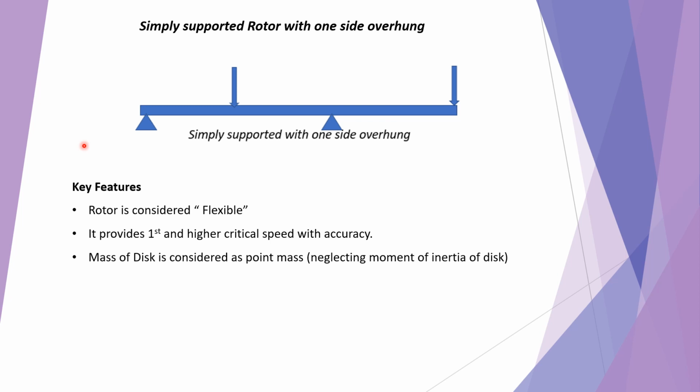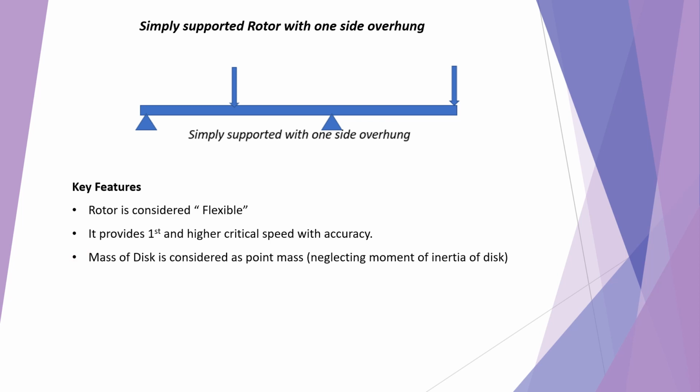These are some features or considerations: the rotor is considered flexible. That means bearings are considered rigidly supported, and two bearings are shown here, and one side is overhung. This will provide the critical speed with the first critical as well as higher critical speeds.